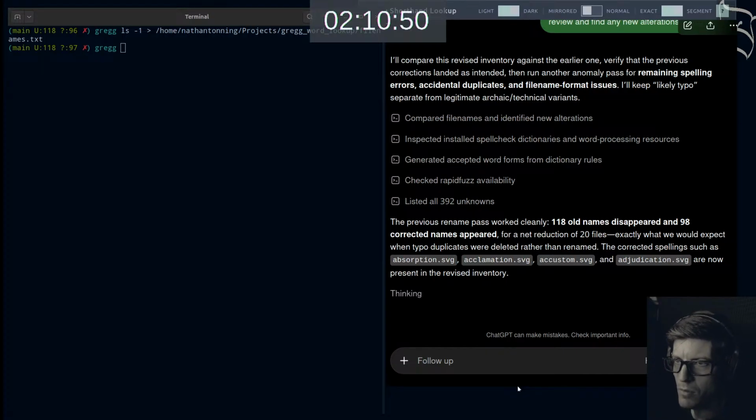Go to the previous conversation. Hopefully it saved it. Open sidebar, recommend new words, close sidebar. So it was working on the previous form.